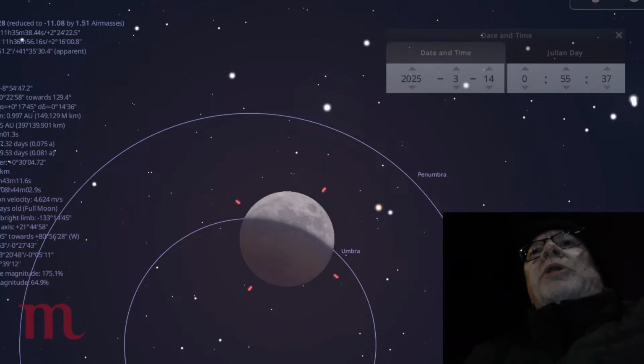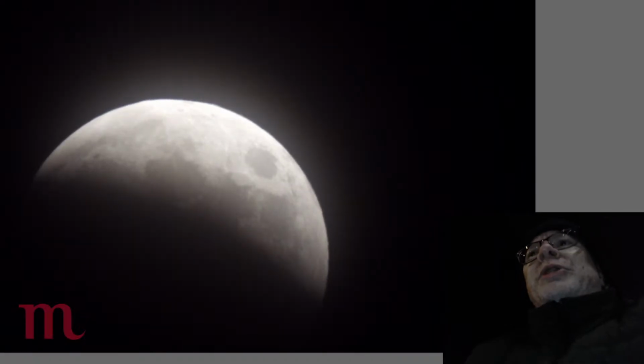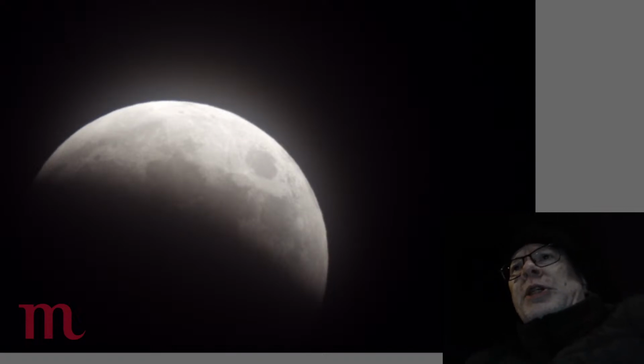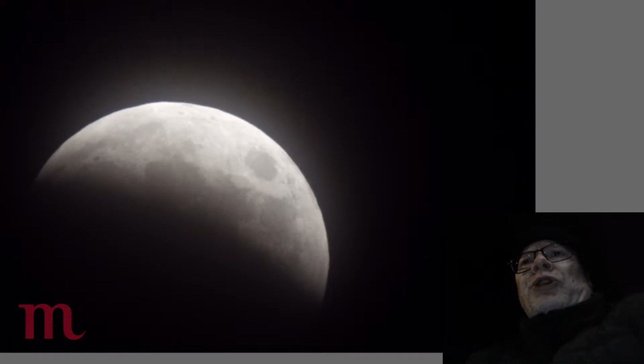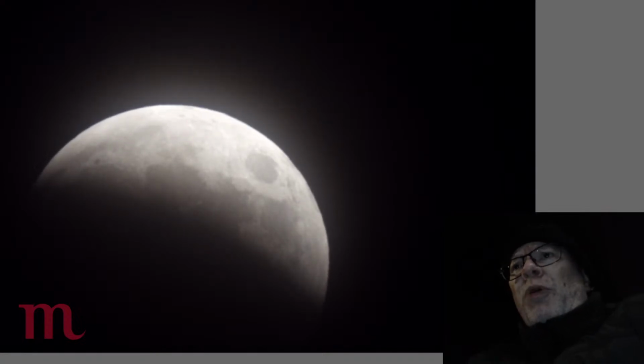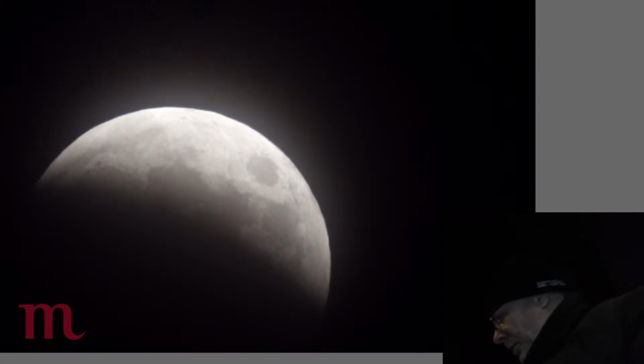That's one of the cool things about eclipses, that we can actually predict them with a high degree of accuracy, which basically tells us that when it comes to gravitation, gravity and bodies orbiting each other and that kind of stuff, we pretty much know what we're talking about.